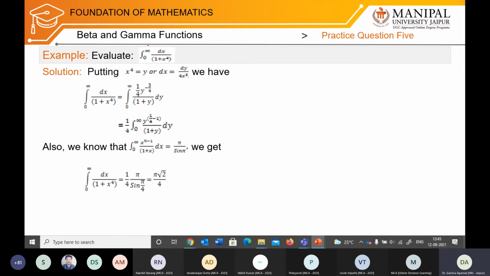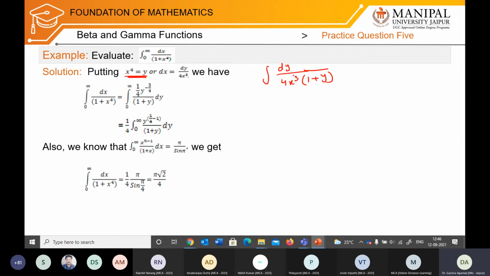Now if I need to integrate this term, first of all, I'll substitute x raised to 4 as y. So the value of dx is dy by 4x cube, right? So just substitute the value of dx, that is integration dy by 4x cube and 1 plus y.